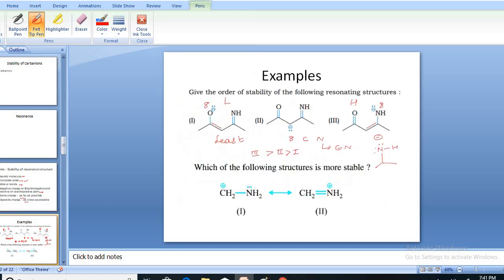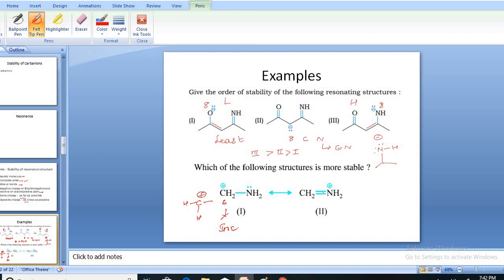Now let's try to see this. Carbon with a positive charge. This carbon is connected to 2 hydrogens and then a bond, and a positive charge. So 3 bonds, each bond contains 2 electrons. So 1, 2, 3, 4, 5, 6 electrons here. So this is an incomplete octet.